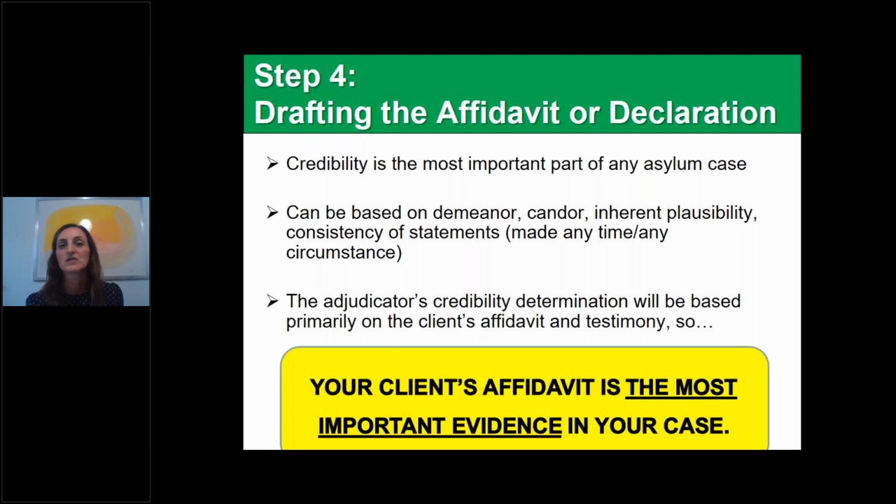Credibility is going to be the most important piece of their asylum case, and the judge can base the entire decision in your case on whether they think your client is credible or not. The main thing they're going to focus on is the affidavit that you draft, and then they are going to compare that with your client's interview or testimony at trial. So spend the majority of your time working with your client on putting together a really strong affidavit.